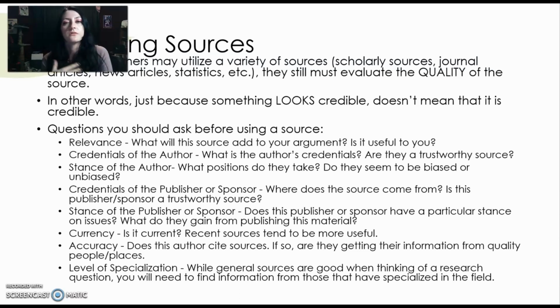Just because someone who is trustworthy posts for maybe a fake news website or something like that, you then have to take it with a grain of salt, right? Why? Maybe that publisher is using that credible person to try to manipulate people. And that kind of goes into the stance of the publisher, right? Are they an unbiased source, or do they tend to take positions, maybe left wing, right wing, what have you?